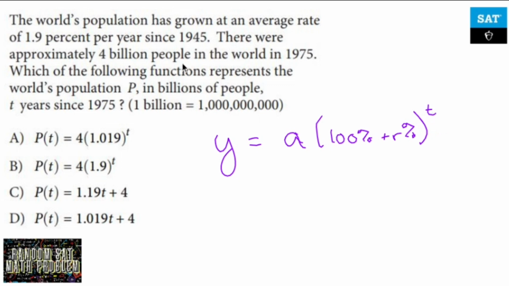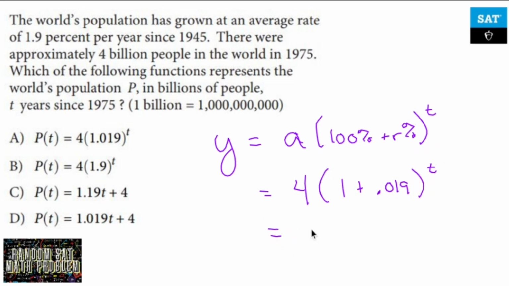So my initial amount is 4 billion. 100% is just 1. My rate is 1.9%, which if you move that decimal over 2 places is going to be 0.019, to the t power.